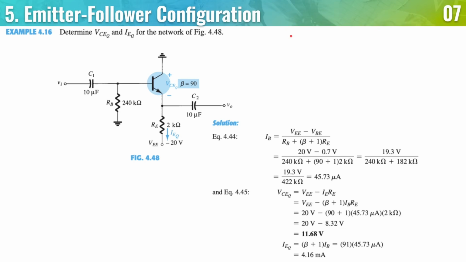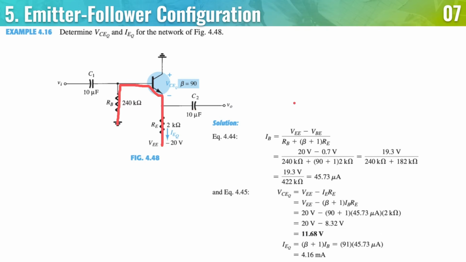So determine VCEQ and IEQ for the network of figure 4.48. Let's apply our KVL. Starting here, we have VEE plus IERE plus VBE plus IBRB is equal to 0.